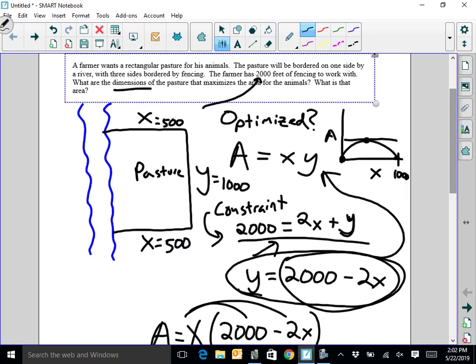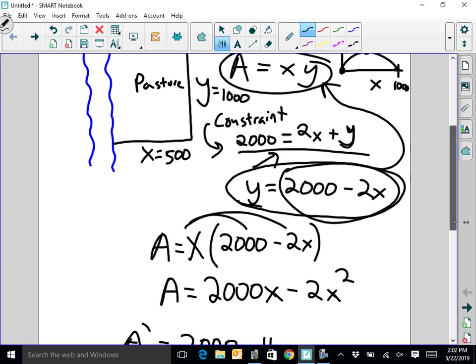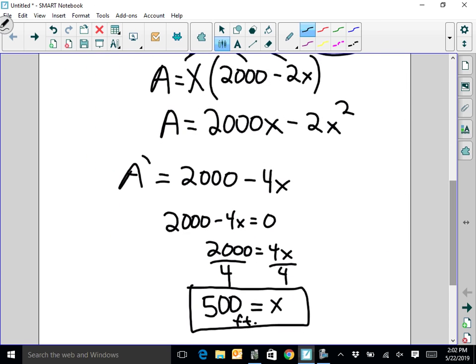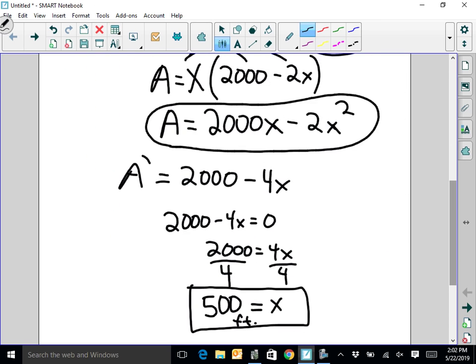The last thing I want to do is figure out what the area actually is. I want to know what is that area. I want to fully answer this question. So again, I can either use my area equation right here, since I have both x and y, or I could use my area equation right here if I only want to do it in terms of x. I think it'll be easier to do this one, which is x times y.